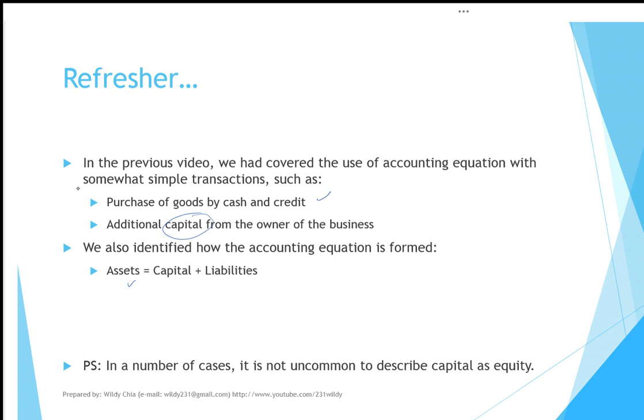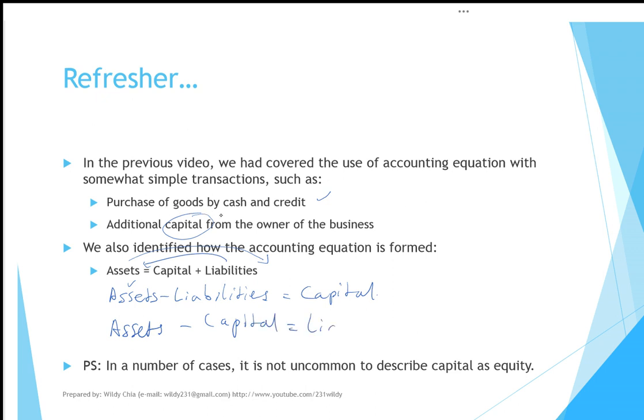We also learned that this equation can be rearranged, and you could derive a new equation that says assets minus liabilities equals capital. You can also rearrange it another way, and you might derive assets minus capital equals liability.